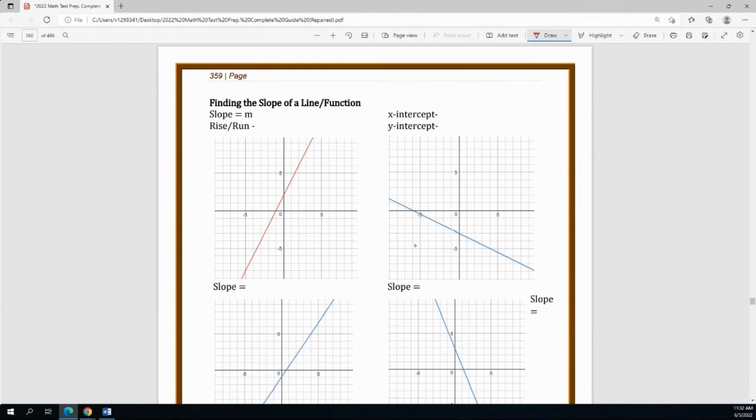Finding the slope of a line. So we've now understood that we have lines that can go up, positive, down, negative, horizontal, 0, and vertical, called undefined.